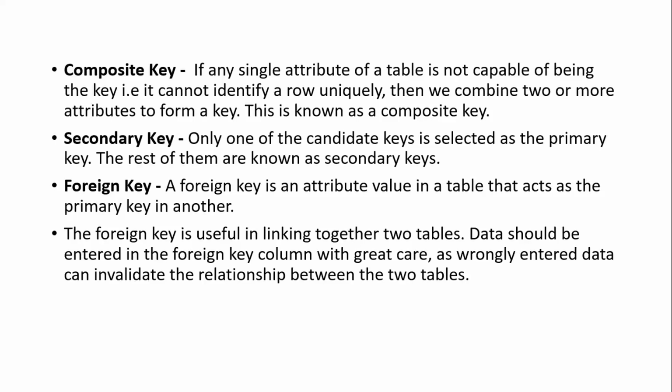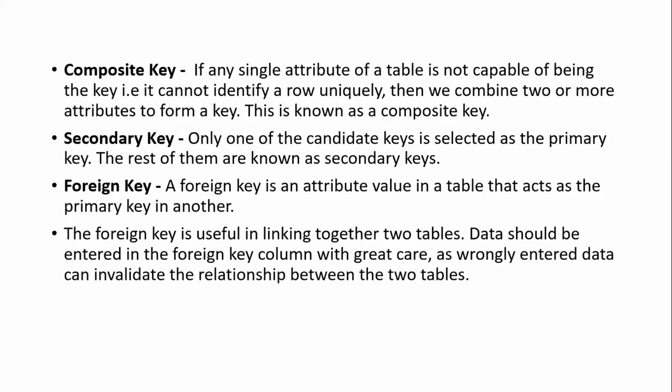Say, for example, if I don't have employee ID or student ID, let's imagine like that. If you don't have that, you have only employee name as an attribute in your table.